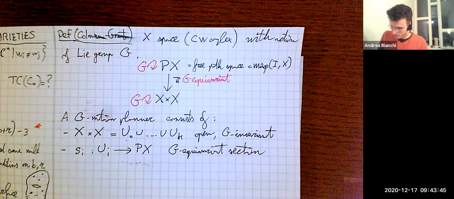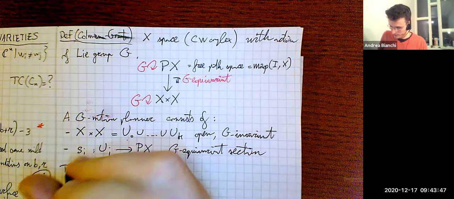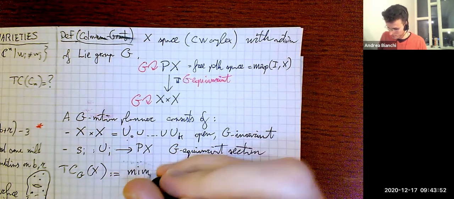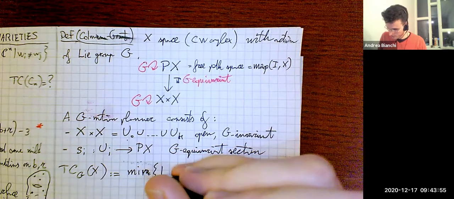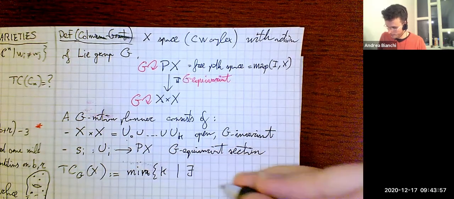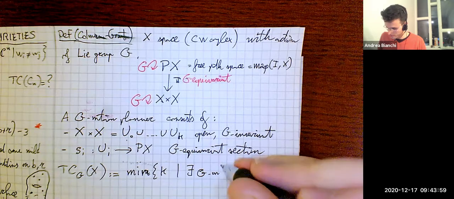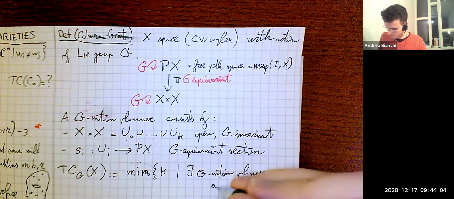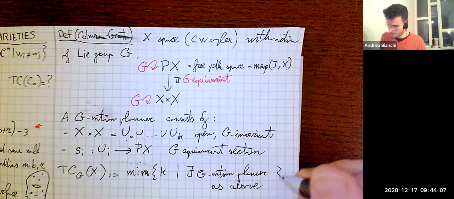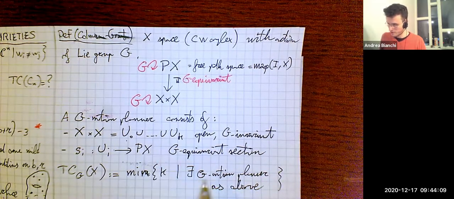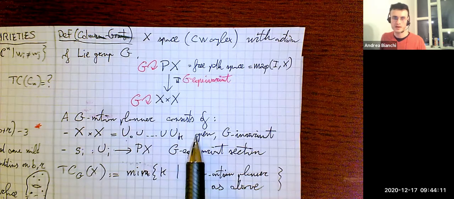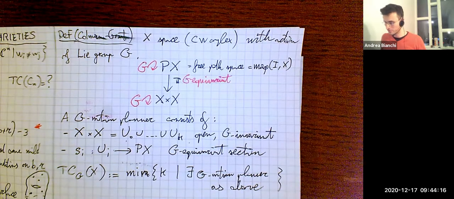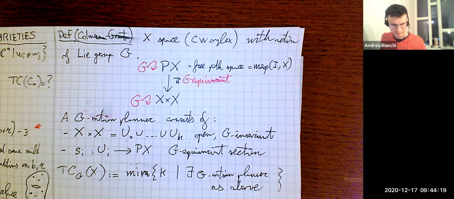And the definition of equivariant topological complexity is the minimum K such that there exists a G motion planner as above, I mean, a G motion planner in which X times X is covered by K plus 1 open subsets.